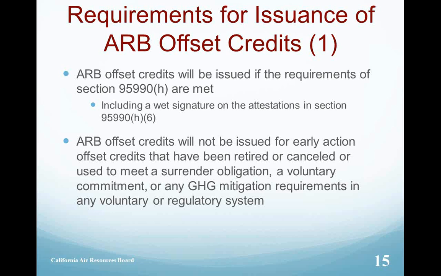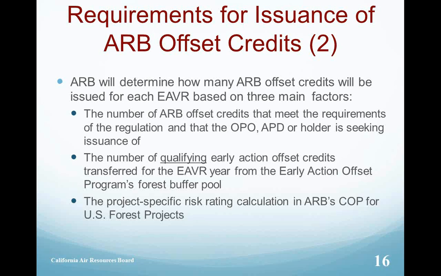ARB will determine how many ARB offset credits will be issued for each early action verification report based on three main factors: the number of ARB offset credits that meet the requirements of the regulation and that the OPO or APD or holder is seeking issuance of, the number of qualifying early action offset credits transferred from the early action offset program's buffer pool, and the project-specific risk rating in ARB's compliance offset protocol for U.S. forest projects.